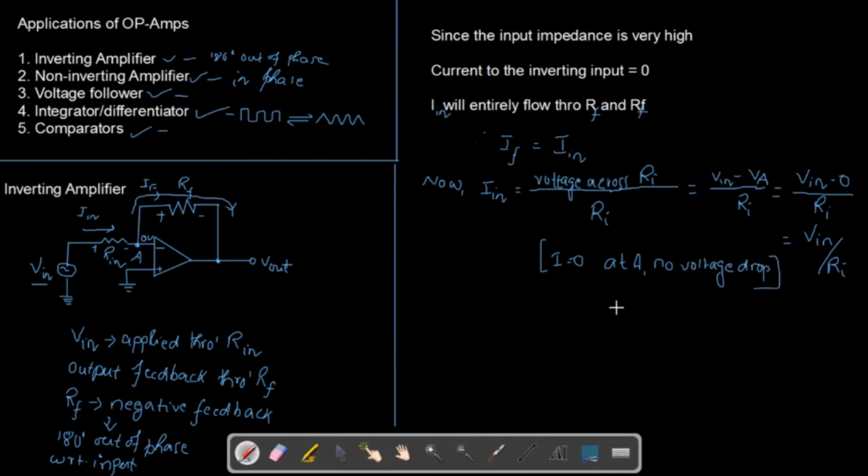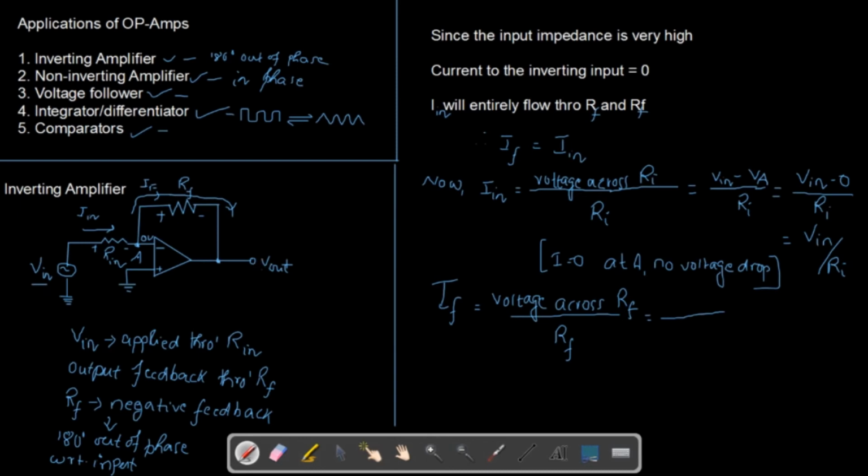Then let's find out what is IF. So IF is nothing but voltage across RF, and then we will divide it by whatever is the resistance, so that's RF. What is the voltage across RF? We have to take what is the voltage here and what is the voltage here.